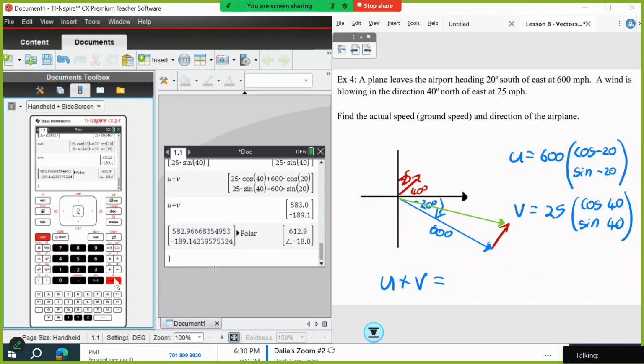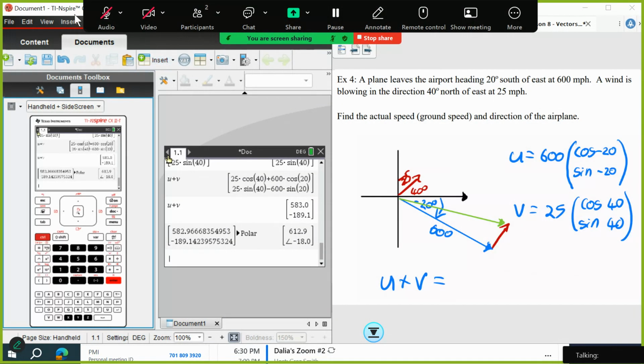How do you get into polar? For the polar form, I take the resultant vector, which was u plus v.